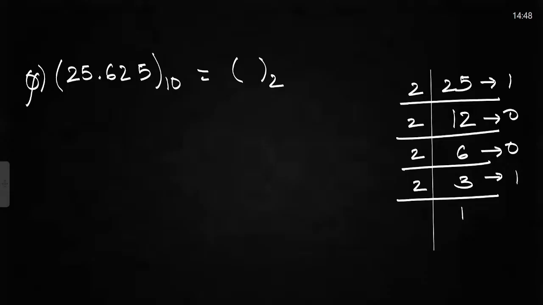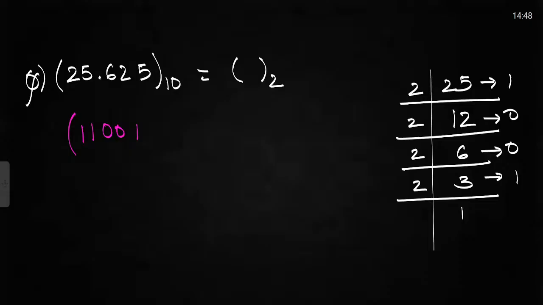So I am getting here 11001. First I will write 11001 here. So this is 25. Now we need to find for 0.625.